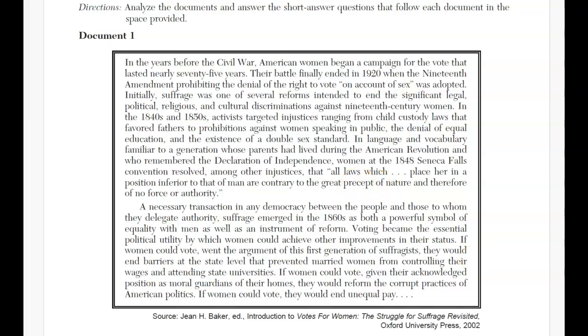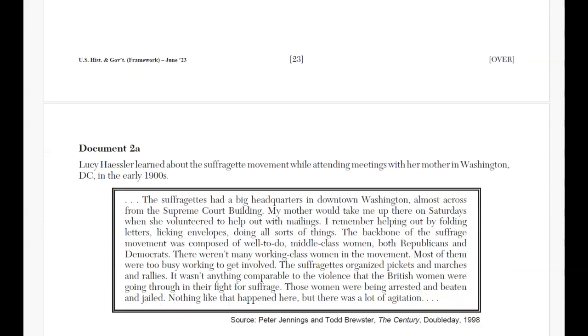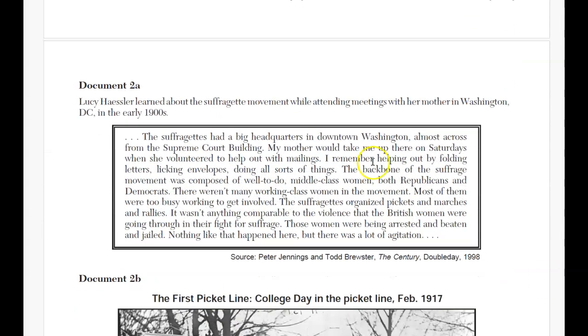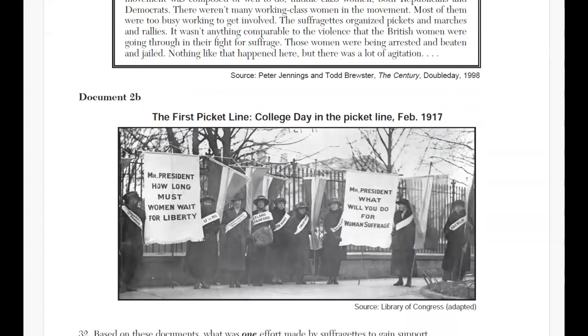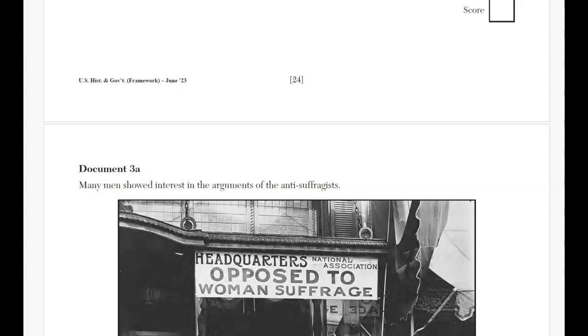So now you've got a document, outside information. You talk about the organizations that were doing picketing and that were doing mass mailings, that were marching around in front of the White House, or at least marching around in public protest.